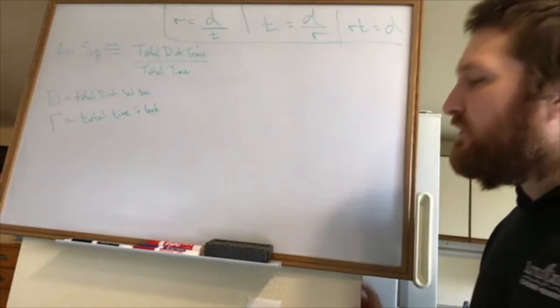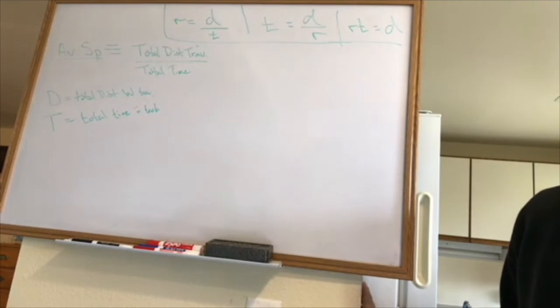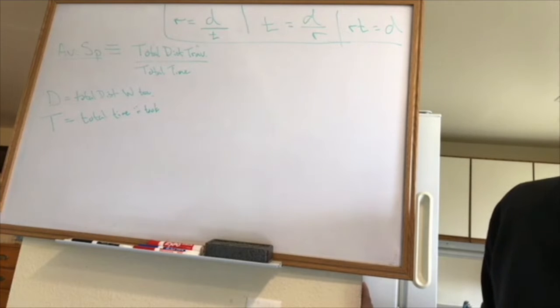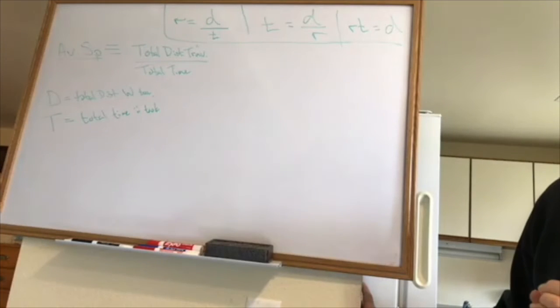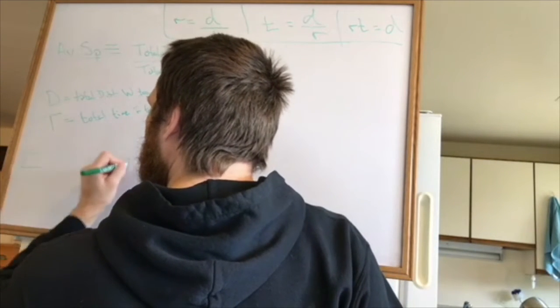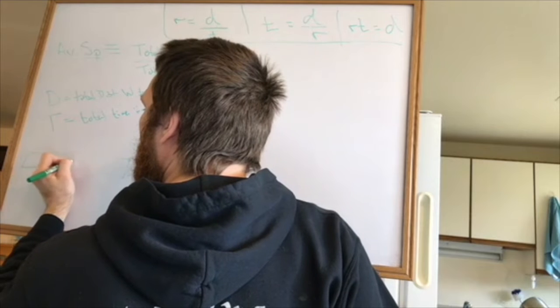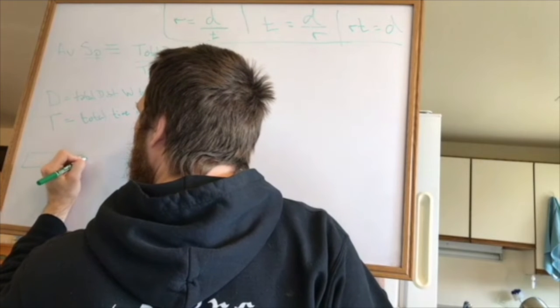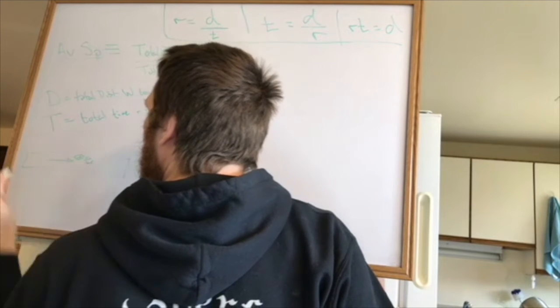Okay, so we have 2 trips that we're going to analyze here. It says 3 hours on a freeway at 55 miles per hour. So trip 1 is on the freeway. He drove at 55 miles per hour.